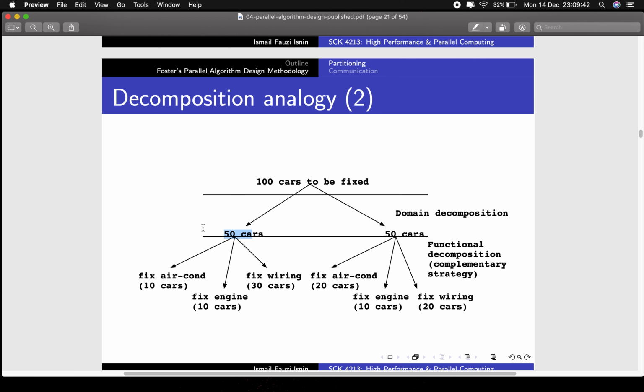And then over here you will group them. For these 50 cars, you will fix the aircon. For 10 cars, fix the engine. For 10 cars, fix the wiring, for 30 cars and so on. This is called functional decomposition, which is under the complementary strategy.